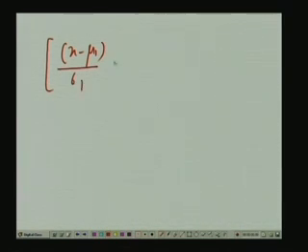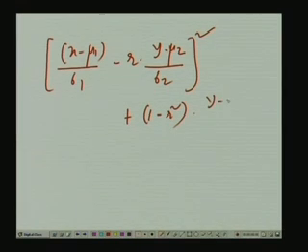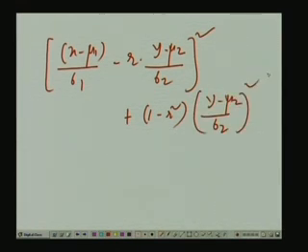We can write that quantity simply as x minus mu 1 by sigma 1 minus r times y minus mu 2 by sigma 2, whole square. So, I am bringing an additional term. This has to go out: 1 minus r square into y minus the same thing, whole square.